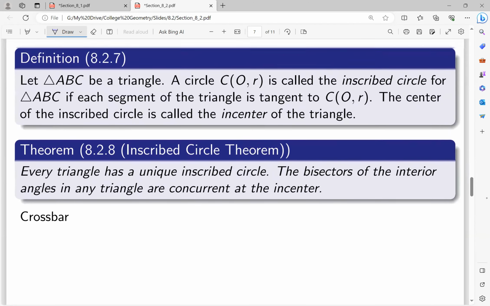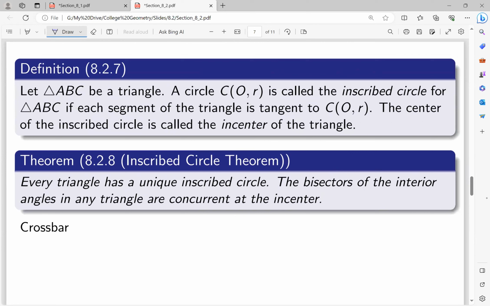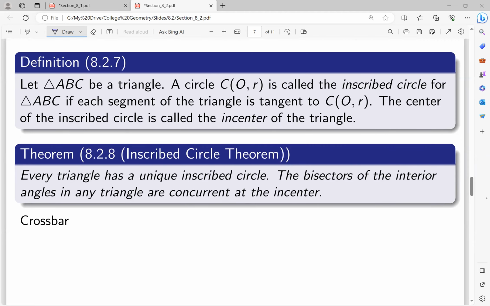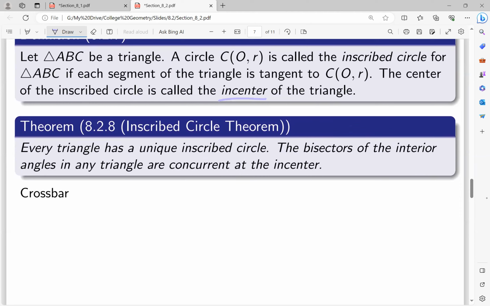Okay. So moving on. If ABC is a triangle and we have a circle COR, it's inscribed, called the inscribed circle for ABC if each segment of the triangle is tangent to COR. The center of the inscribed circle is called the incenter of the triangle, so incenter.